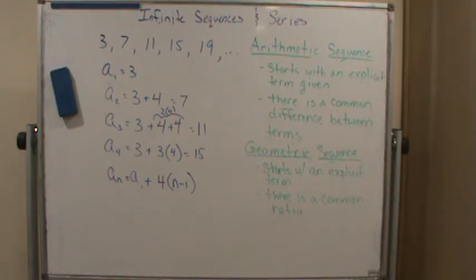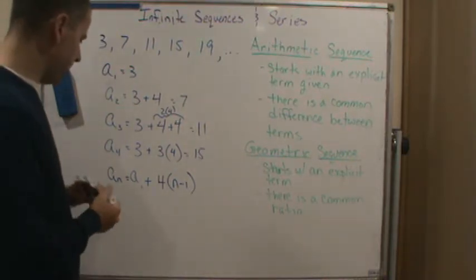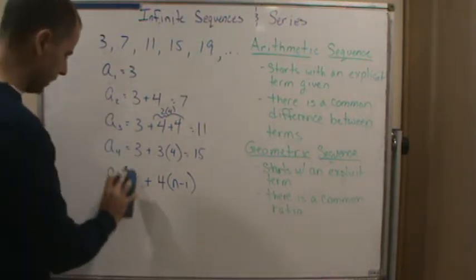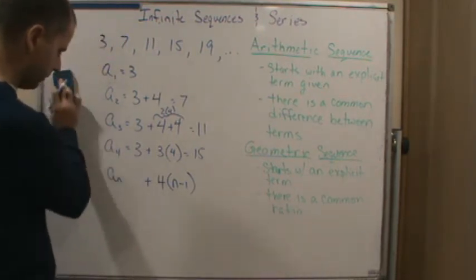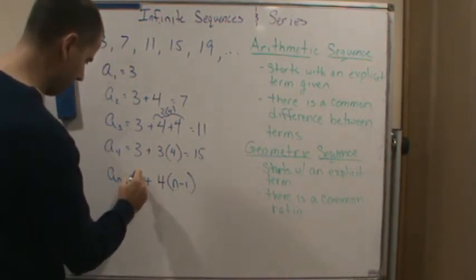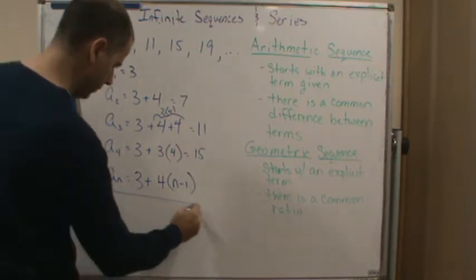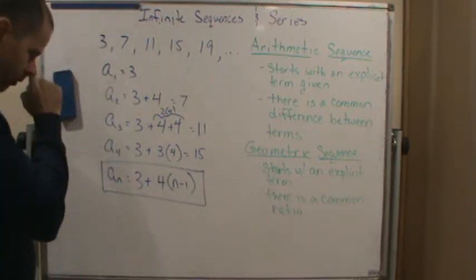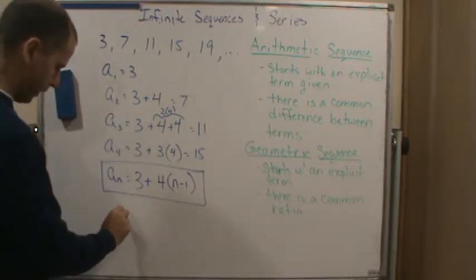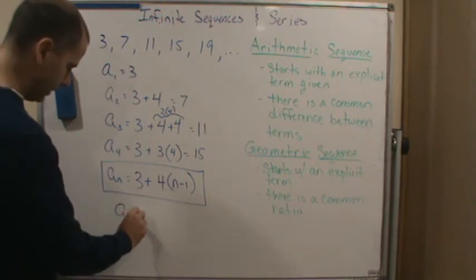Now we can write it as an explicit formula, right? So this would be an explicit formula. And so we would simplify this, so we would write a sub n equals what?